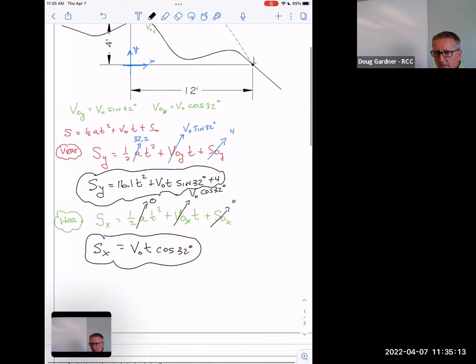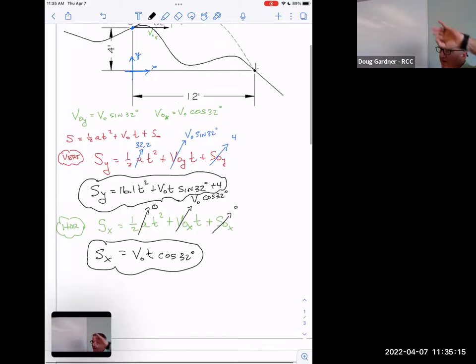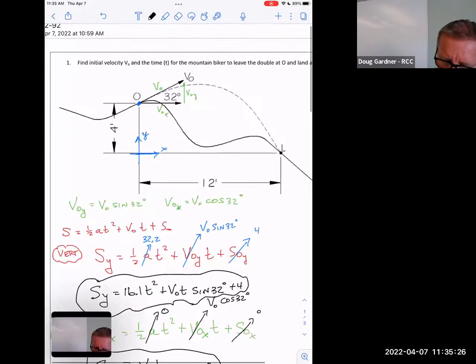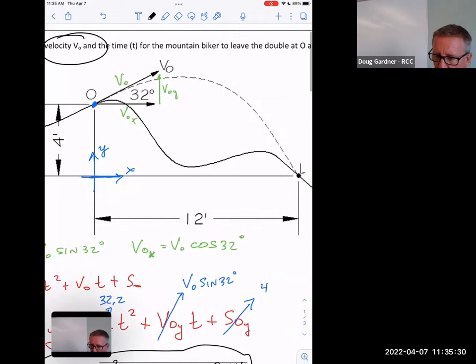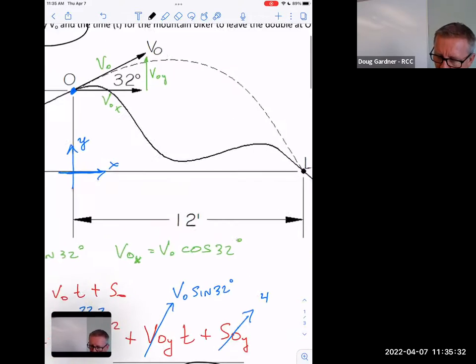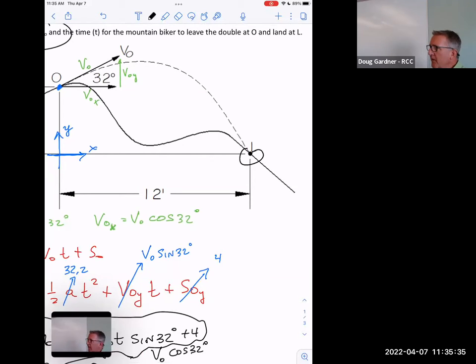Now, do you understand that, in a sense, if I knew my initial velocity, I could plug that in as a constant. And then I could plug in any time I wanted to know kind of exactly where I was. But remember, my overall goal here, what am I asking? Find this initial velocity. And the limiting factor that I have is I want to land right there. Does that make sense?